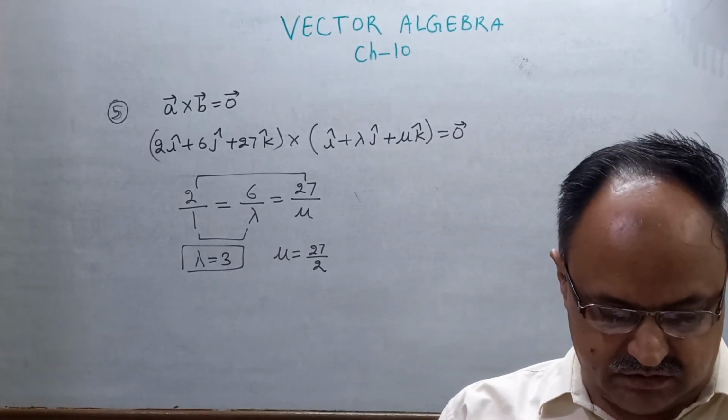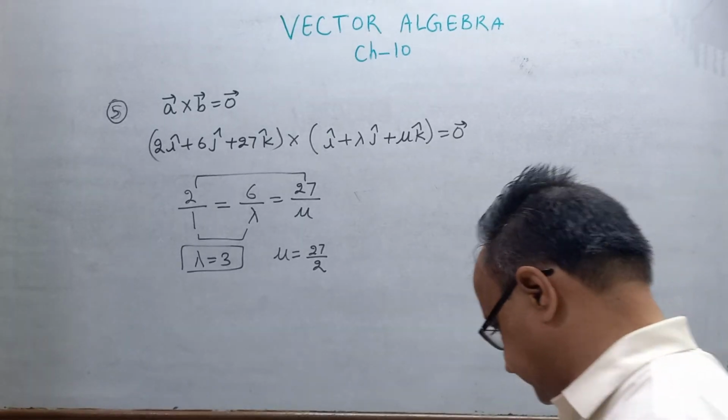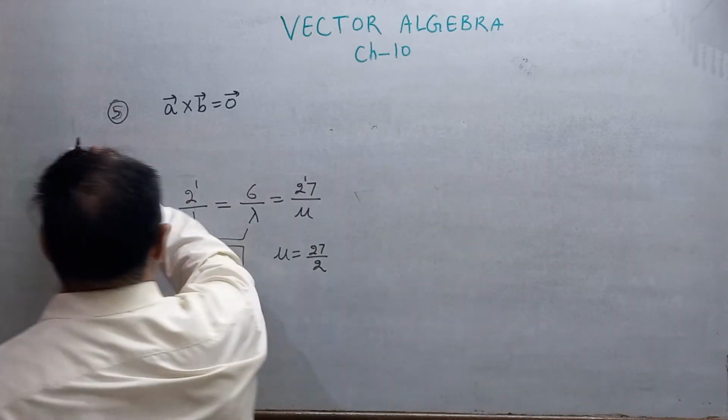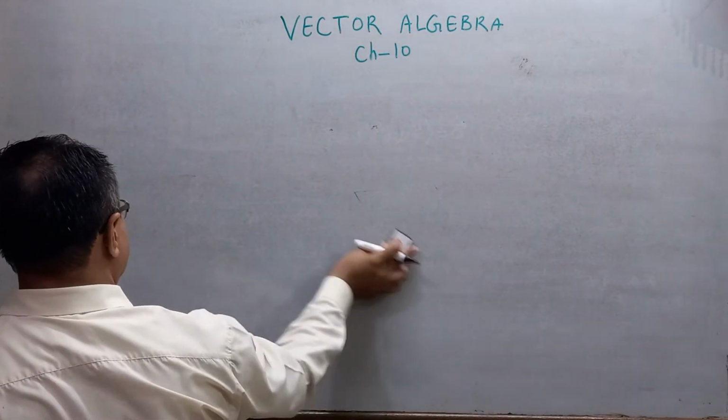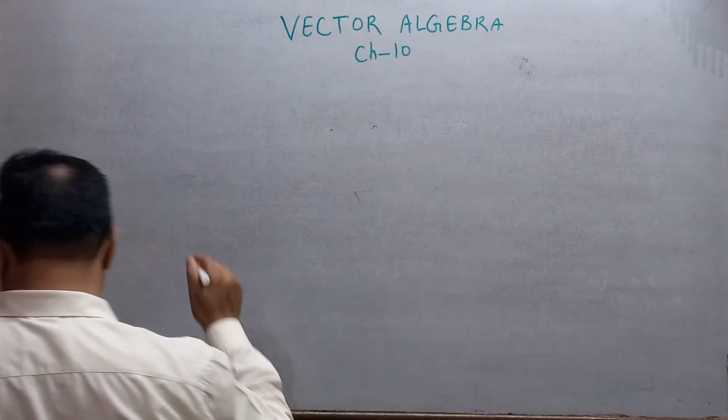Next, area of triangle. Question number 9.